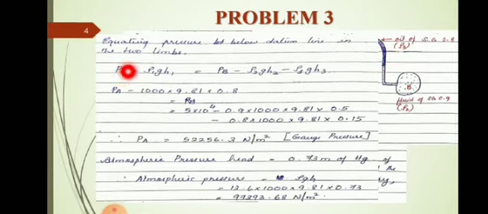So PA, keep it as such because that is the unknown here. PA minus rho 1. Water is the liquid, so 1000 into 9.81 into 80 centimeter is the height, so 0.8 meter. So the left limb is over. Now coming to the right limb, it is equal to PB, values given in the question, 5 into 10 raised to 4 minus rho 2 GH2. 2 suffix is for the pipeline B. So pipeline B contains fluid of specific gravity 0.9. 0.9 into 1000 becomes the density of the fluid in the pipeline B, into G into 50 centimeters the height, converting it to meter, 0.5 meter, minus again what else is there?